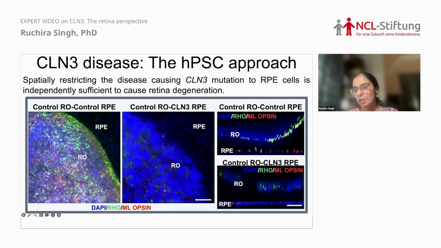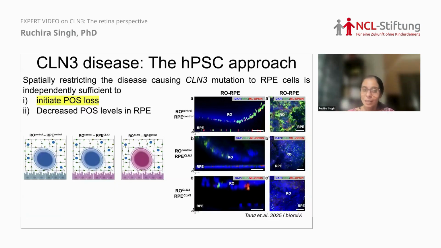And again, showing it in a different view, where you can see the outer segments and the RPE. You can see in the control retina, there's a lot of outer segments and within the RPE. But here you have a complete loss of outer segments in the retina. And this is mediated by just an RPE specific defect. So the model allows you to independently look at the cell autonomous role of RPE in promoting neural retina or retina organoid degeneration in culture.